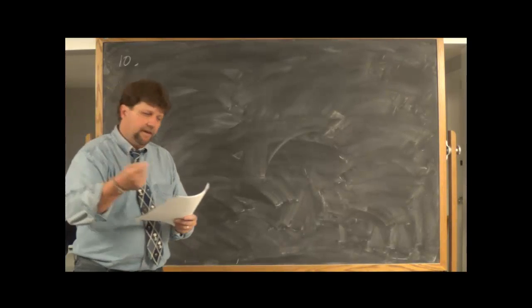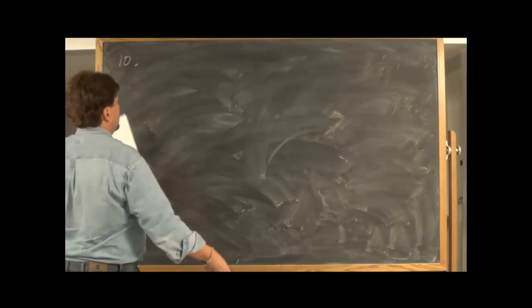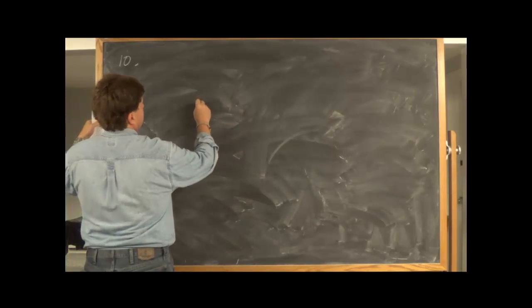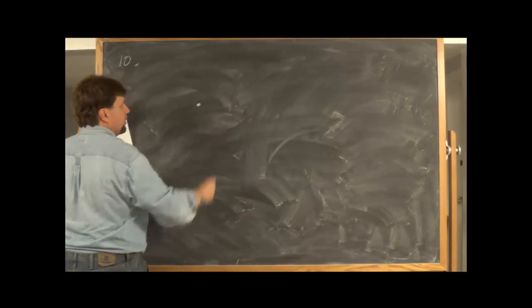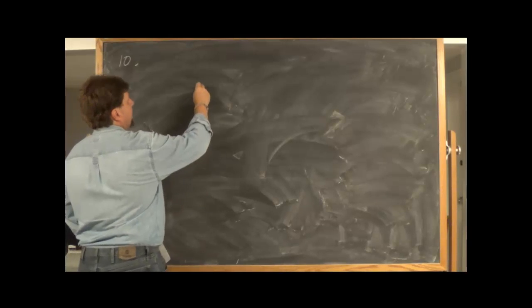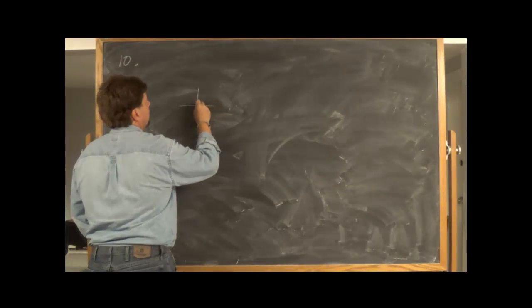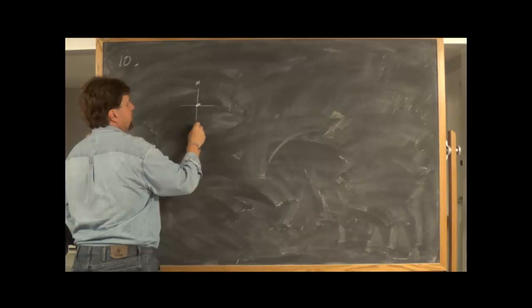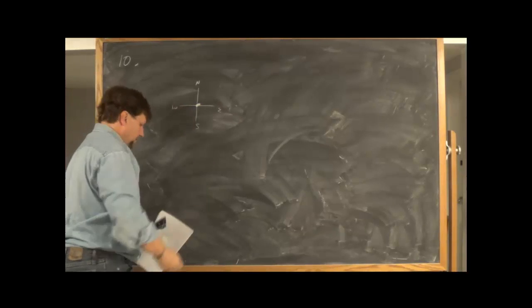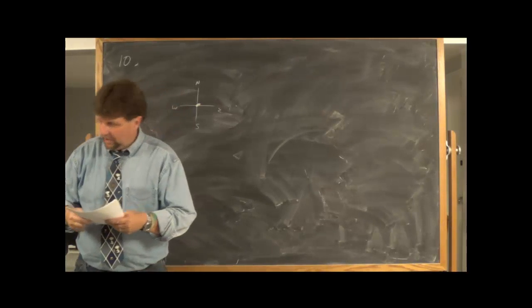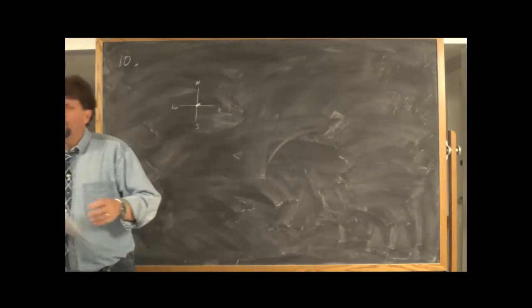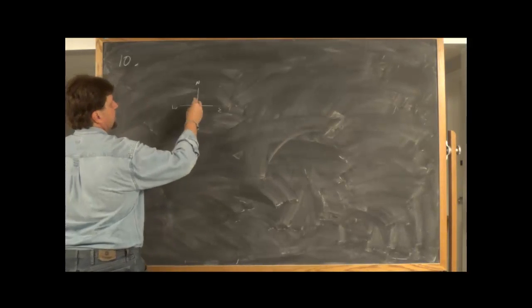Okay, the hardest part, I think, is drawing a picture. So let me just say there's the airport. And if I make my north, south, east, west template, I know one plane took off north 32 degrees west.